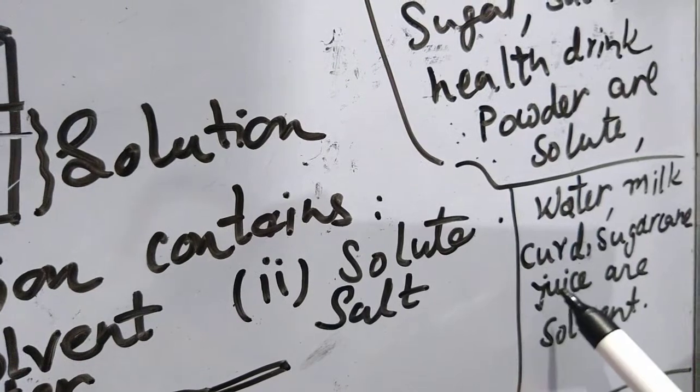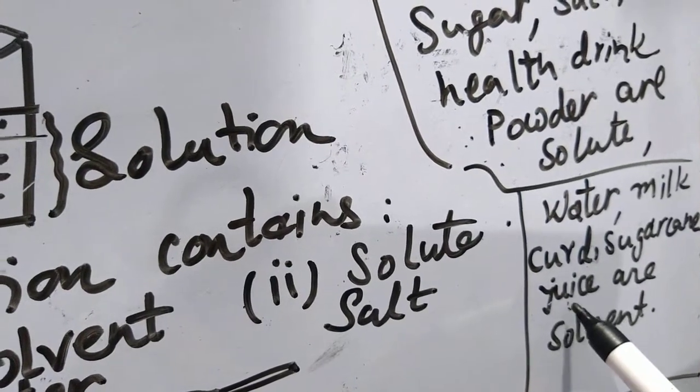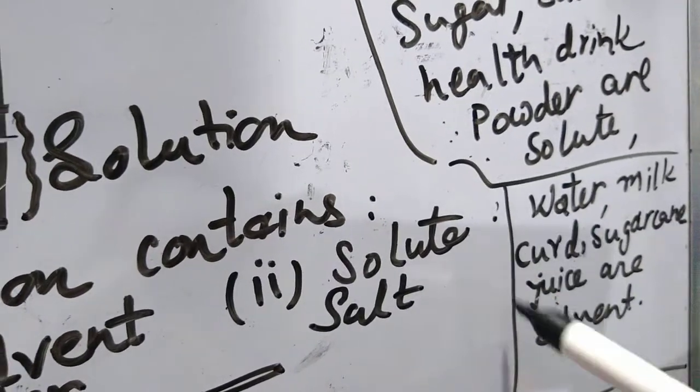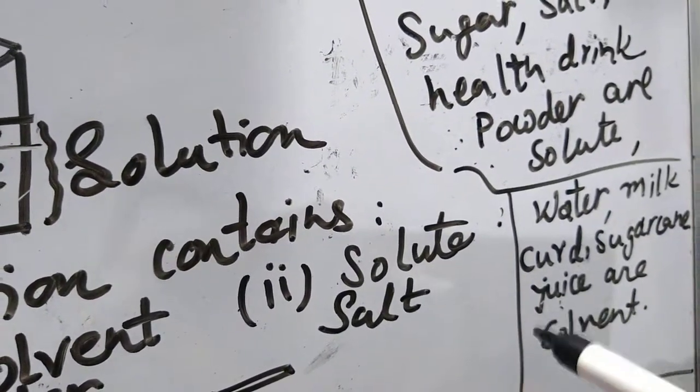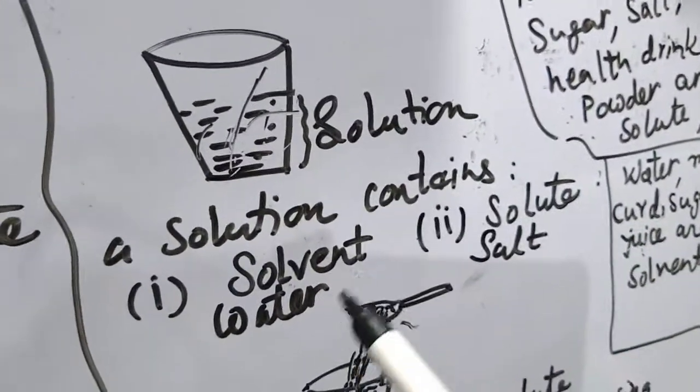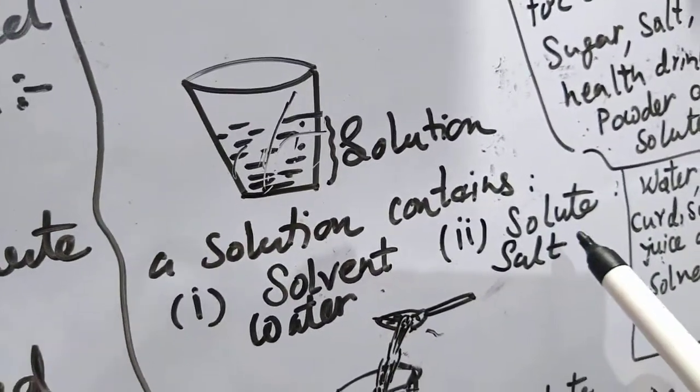That means sugarcane juice here is the solvent and black salt is the solute. So these are the different examples of solvent. Got it? Now I think you have understood very well the idea of solvent and solute.